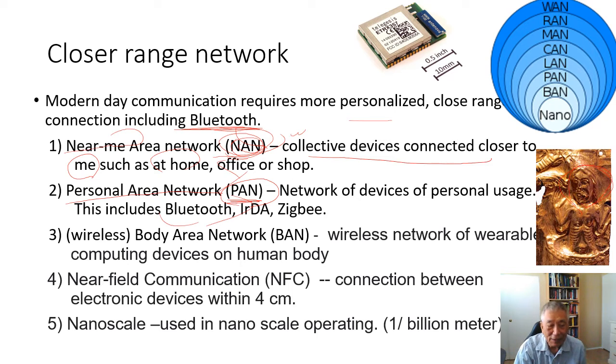And then IrDA, infrared data association. That's what you have up there, an infrared connection. And ZigBee is another similar device used frequently for personal usage, not as popular as Bluetooth.